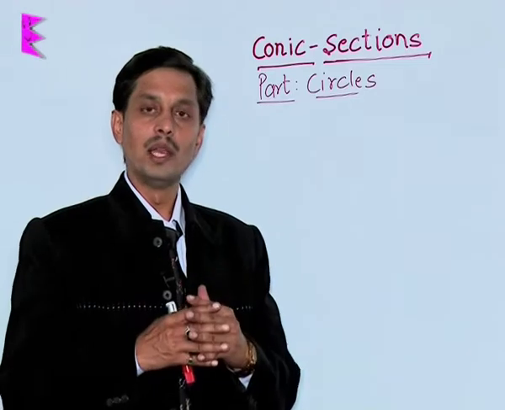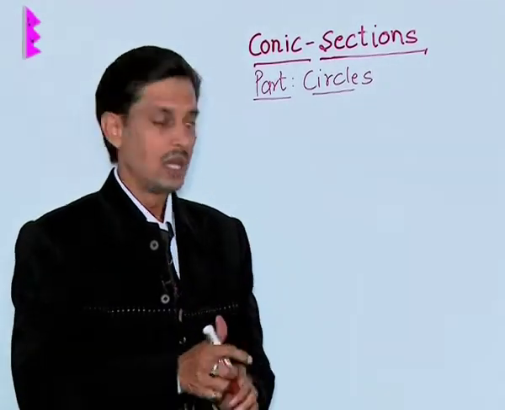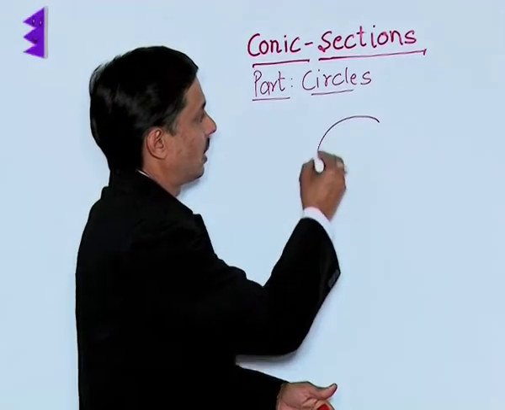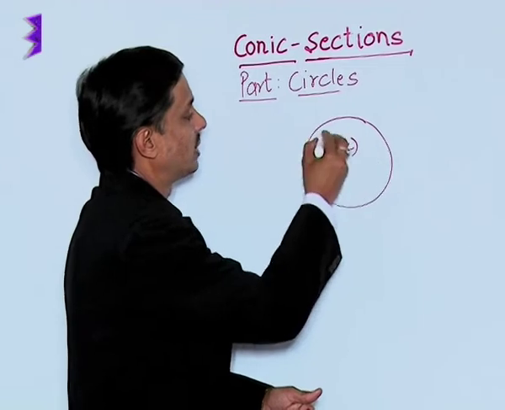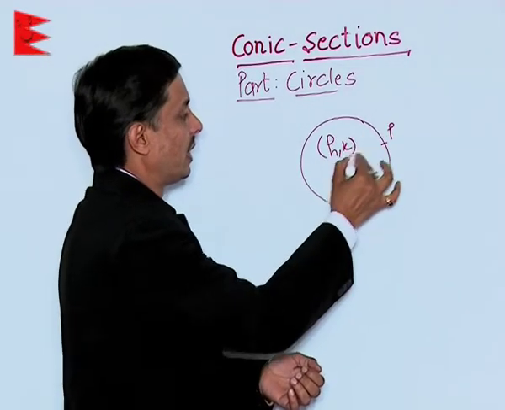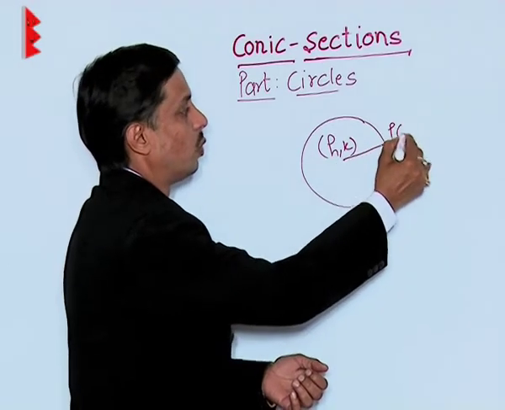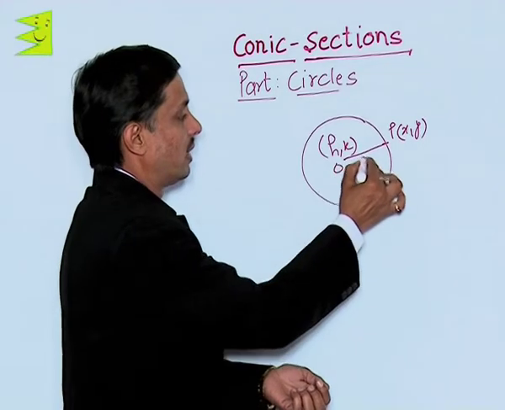Now I want to tell you, if the center of a circle is not at origin, suppose the center of a circle is at a point whose coordinates are h comma k, and any arbitrary point P is selected whose coordinates are in general x comma y, and radius is r.